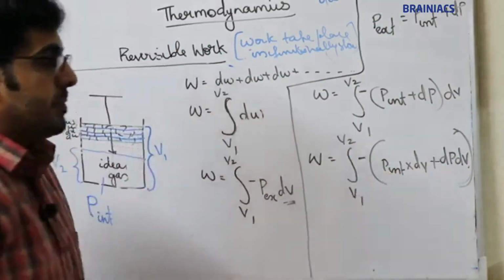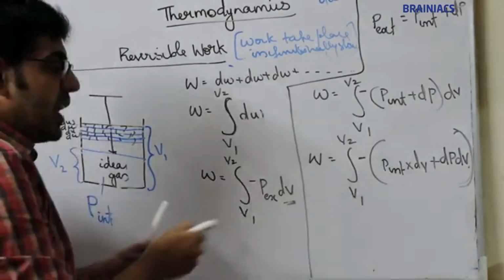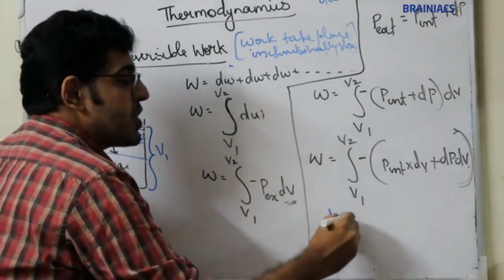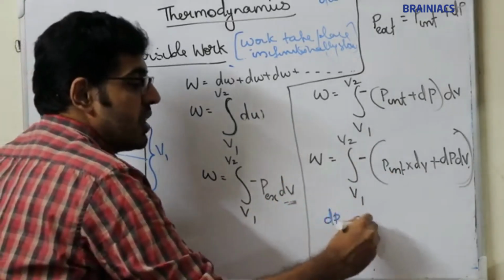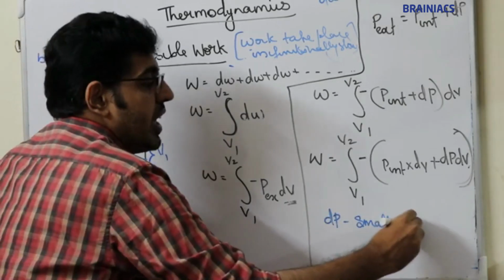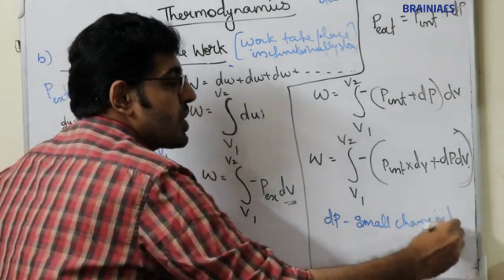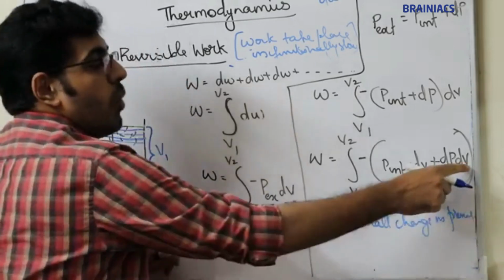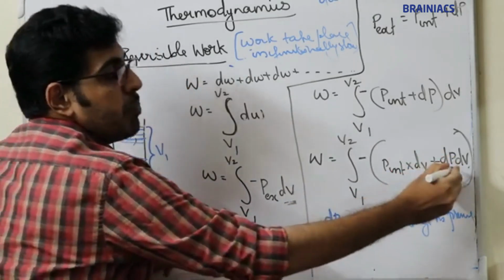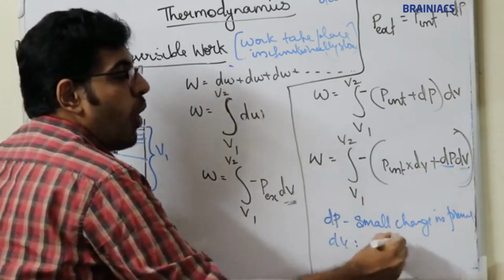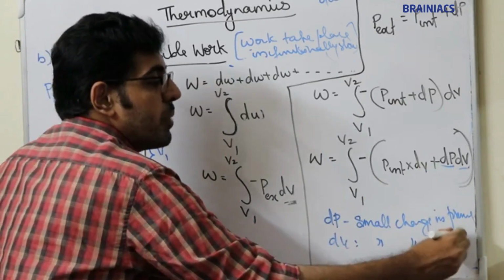I think it's clear. Now dP means small change in pressure. What is dV? Small change in volume, right?